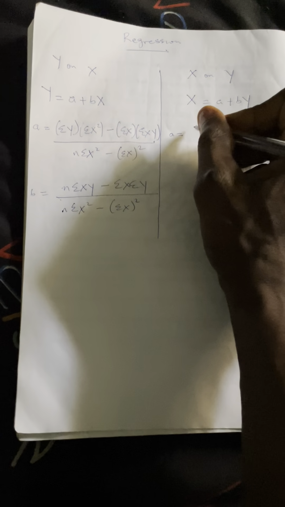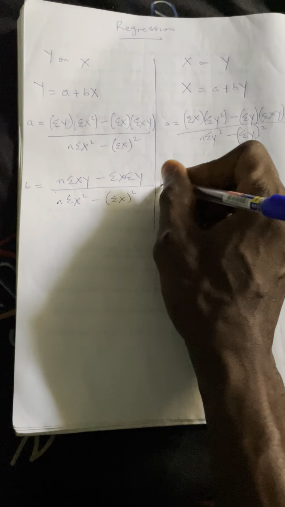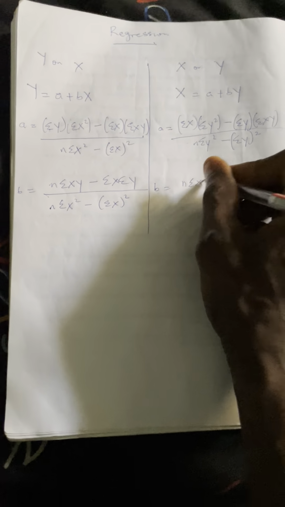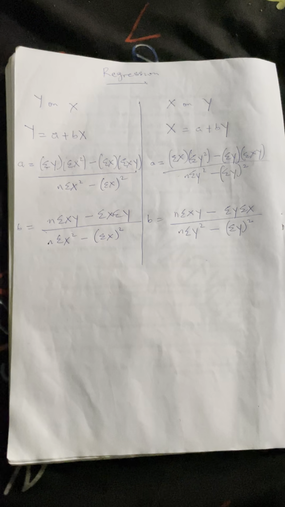So a for x on y will be: we start with summation x first, summation x, summation y squared minus summation y, summation xy, all over n summation y squared minus summation y all squared. And the b to this will be n summation xy minus summation y summation x, all over n summation y squared minus bracket summation y all squared.